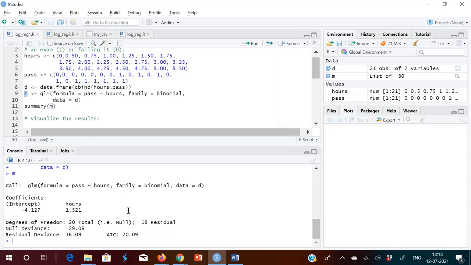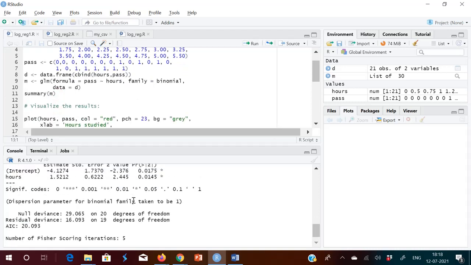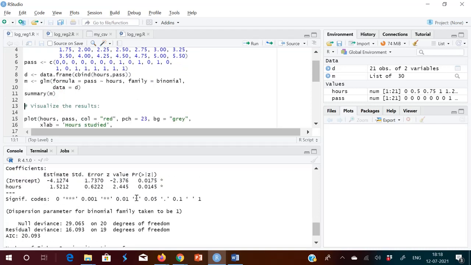When we call m, it tells the intercept and the coefficient of hours, and also the residual deviance, everything is there. I'll tell about that in the summary. See, there is 1 star, so some significance is there for the variables.